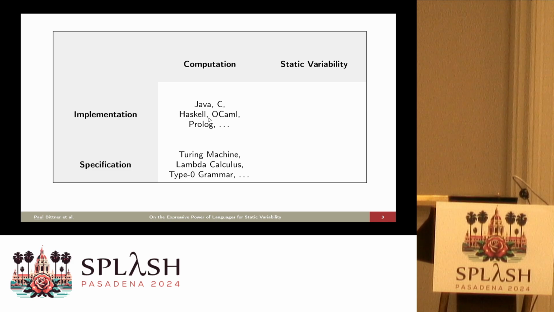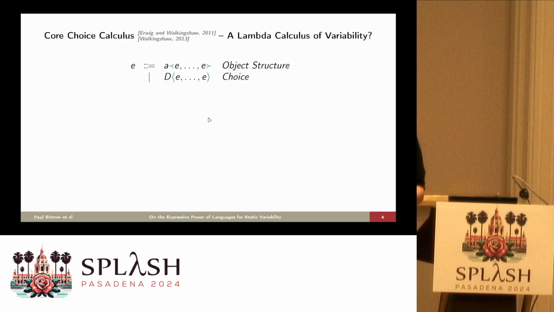This is the kind of formalism we use to say what a program is and what's not a program. So for static variability, we just saw we can use the C preprocessor, we can use aspect-oriented programming like in the previous talk, or sandwich menus. So what is it that we can put in the bottom here? We want to find a formal specification for variability across these domains.